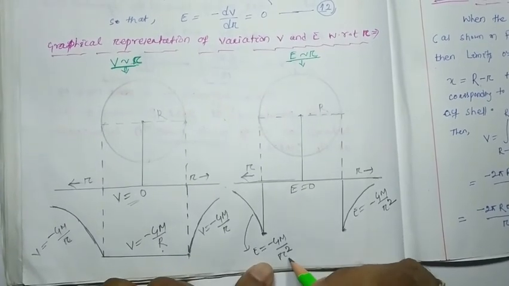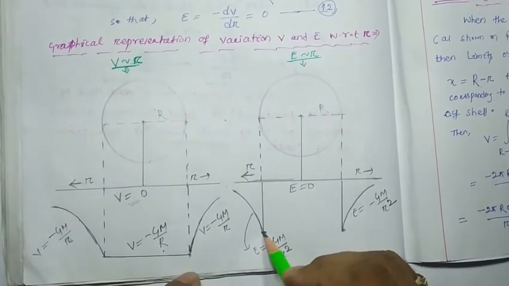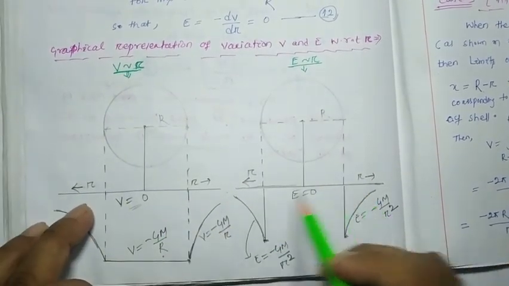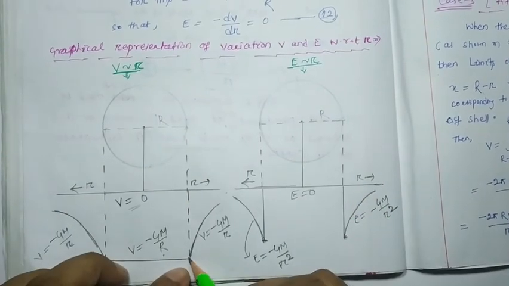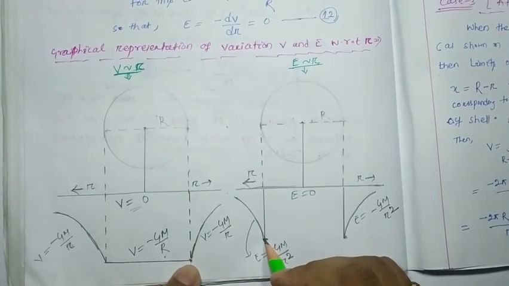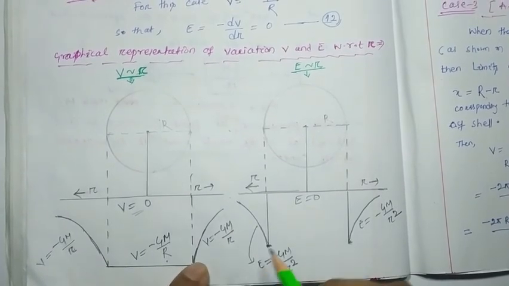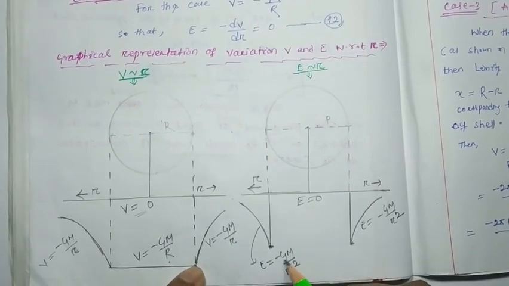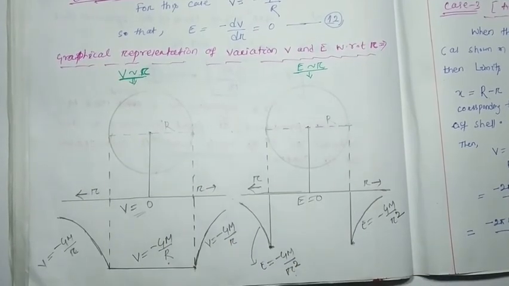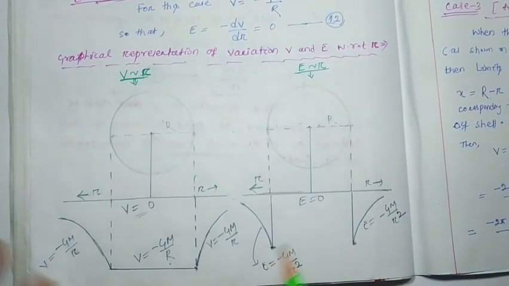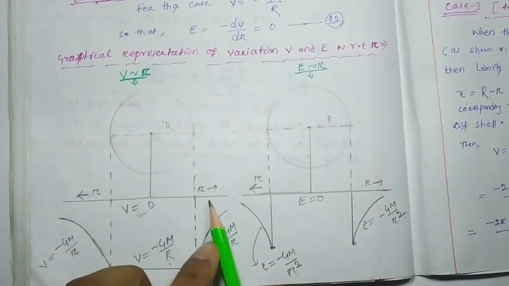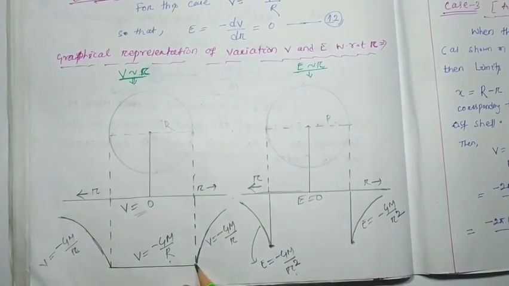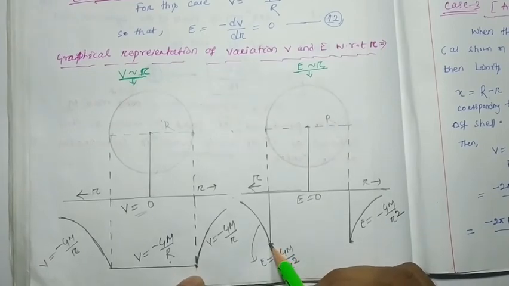As r square is larger than r, obviously this peak value will be smaller than the other peak value. For the representation, this is the same 0 value for V equal to 0 and E equal to 0, so this peak value starts from here and will be somewhat less.